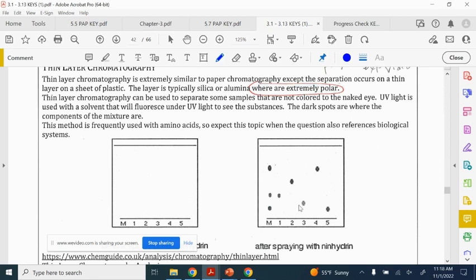So when would you use thin layer over paper? A lot of times the thin layer is used in organic chem for like these enzymes. They talk about the enzymes here. And a lot of times it's used for that. Did you use both of them in a similar situation?